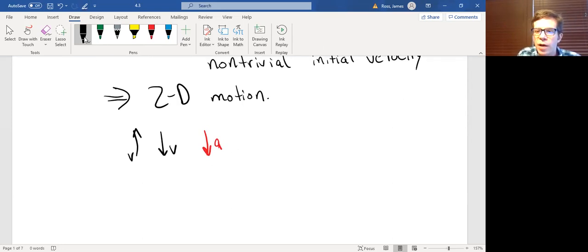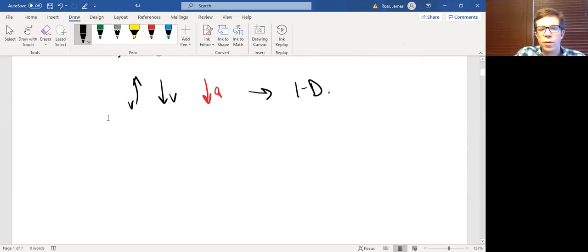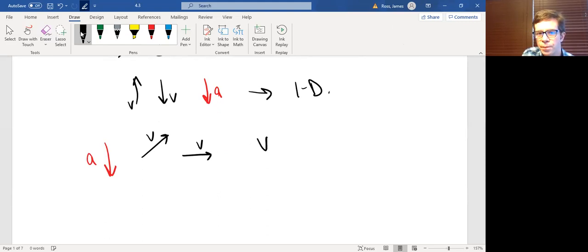So the acceleration doesn't change the direction of our velocity, so you get 1D. So in order to get a 2D situation, well, acceleration's down, that's not going to change. So we need a velocity that has a non-zero x component, right?